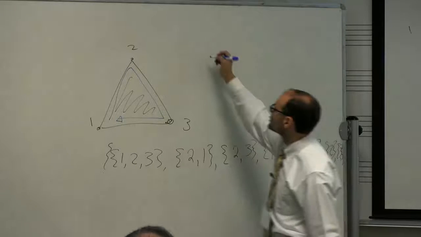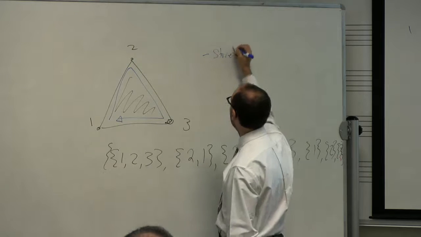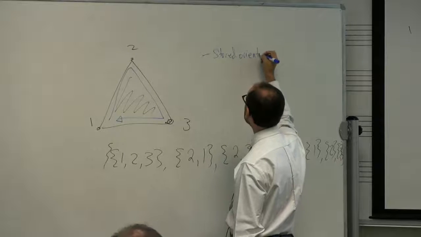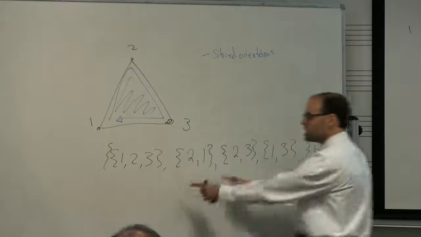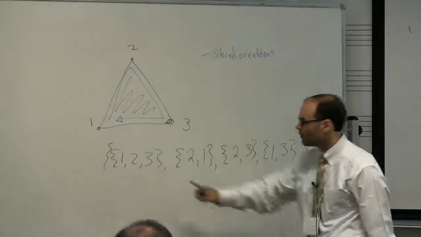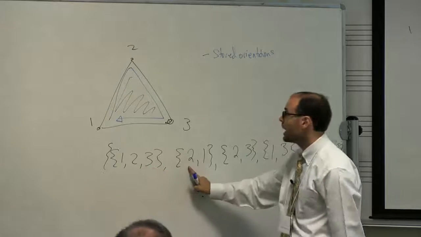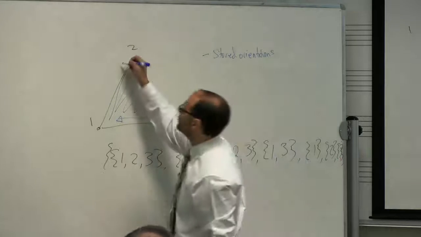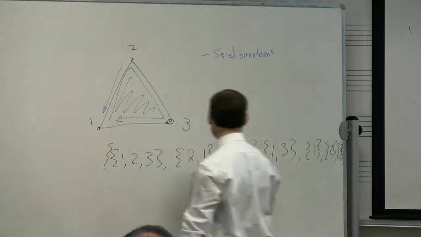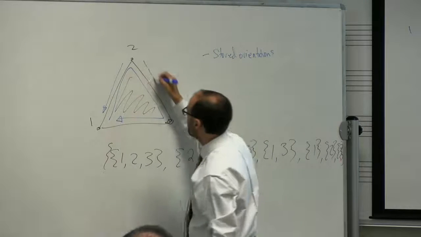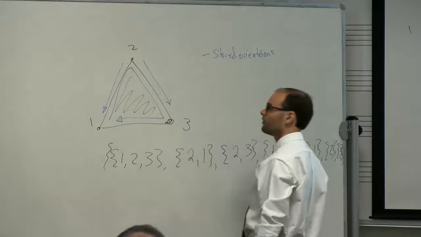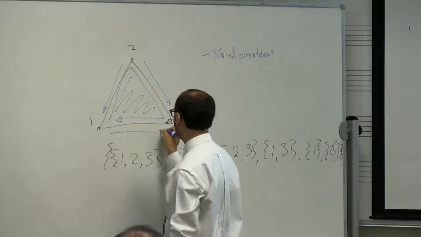So the blue is going to be the stored orientations, as in the orientations I've listed here. So first 1, then 2, then 3. However, on this edge, it is first 2, then 1, first 2, then 3, and first 1, then 3.